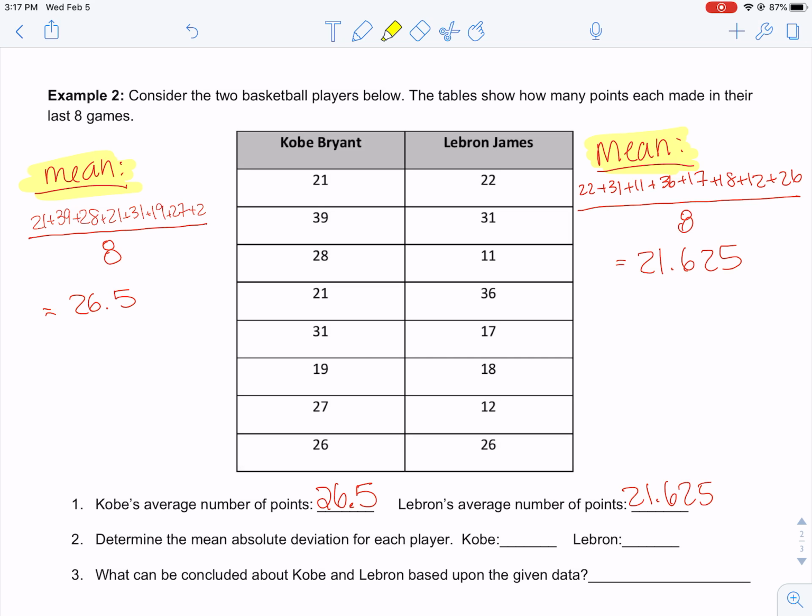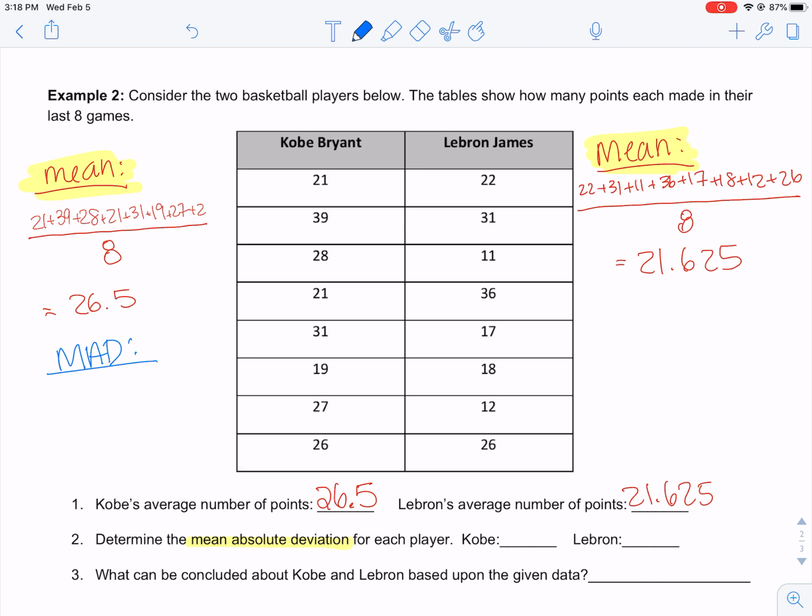Now we need to find number 2, the mean absolute deviation for each player. So we're going to do the MAD. Okay, and I'm going to subtract the 21 from the 26.5 and list out the differences for all of them.